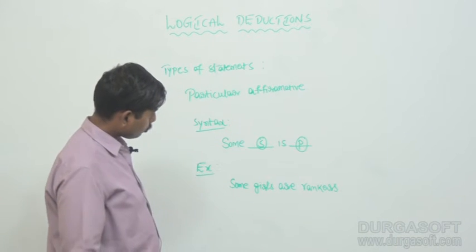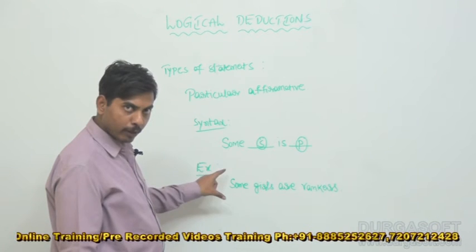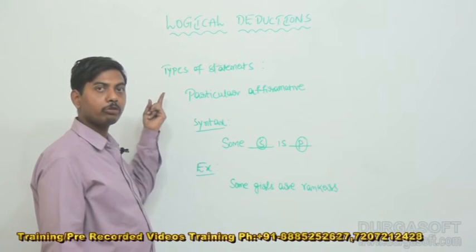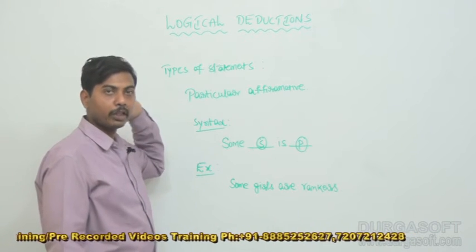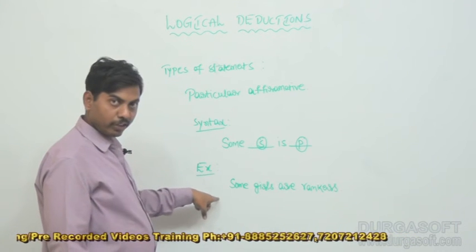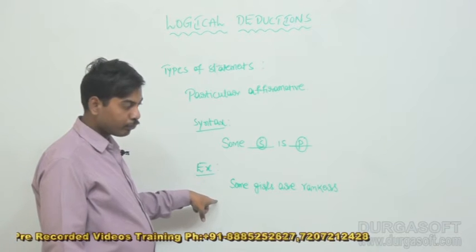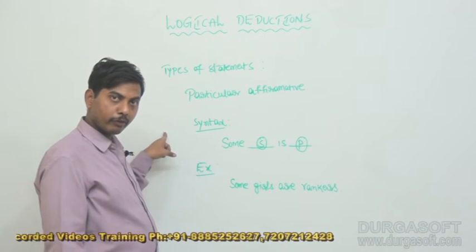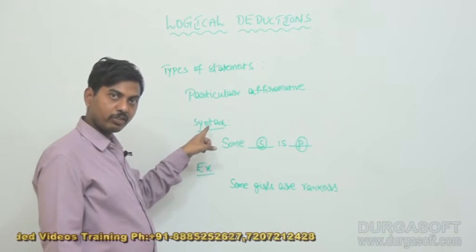Whenever statements start with the word "some" or "many", that kind of statement comes under particular statements or particular affirmative statements. Here the statement starts with the term "some". Some girls are rankers. Already we know the syntax of a particular affirmative, that is some S is P.